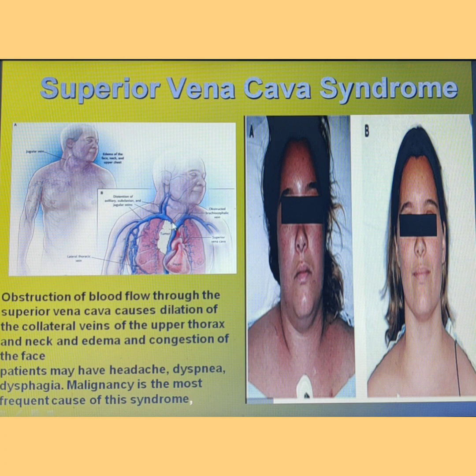So it causes dilatation of the collateral veins of the upper thorax and the neck, and results in edema and congestion of the face, as you can see in this picture, the edema of the face. So these patients may have headache, dyspnea, difficulty in breathing, and dysphagia, difficulty in swallowing. Malignancy is the most frequent cause of this syndrome.